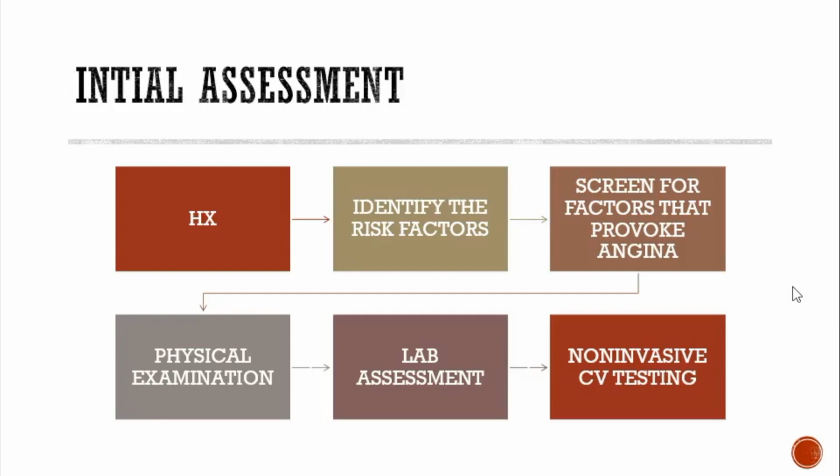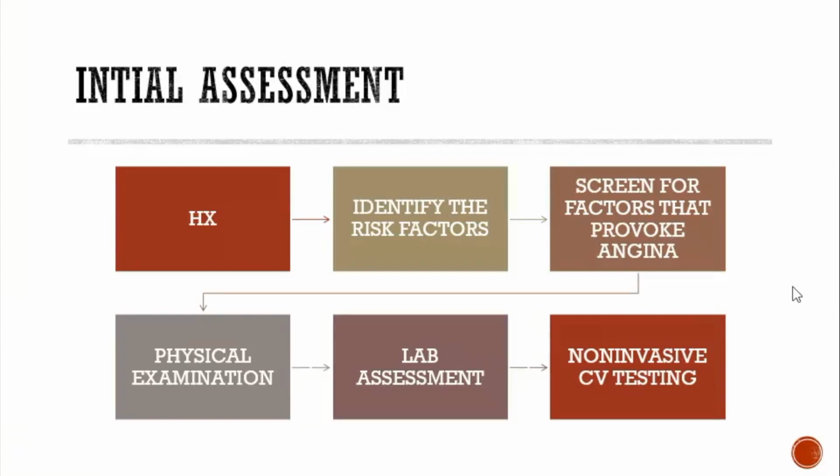We do the echocardiogram. So echocardiogram is not done for the diagnosis of angina. Rather, it's done to identify any underlying valvular diseases, heart diseases, if the patient has any systolic dysfunction or cardiomyopathy, like that. Then we do the stress testing. How do we do the stress testing?